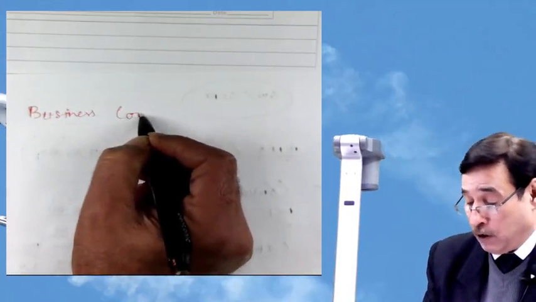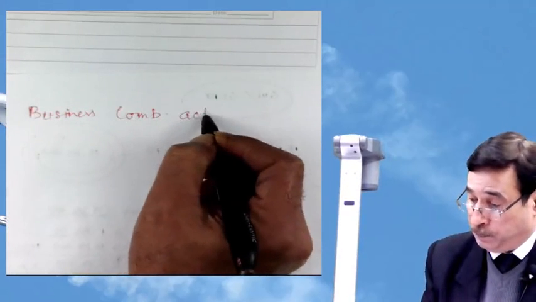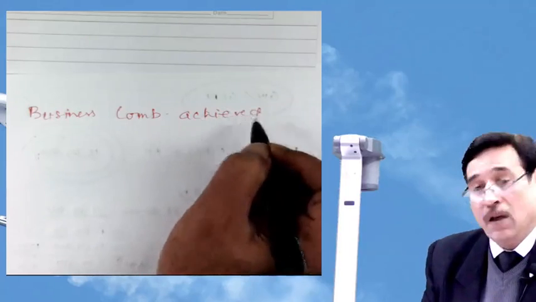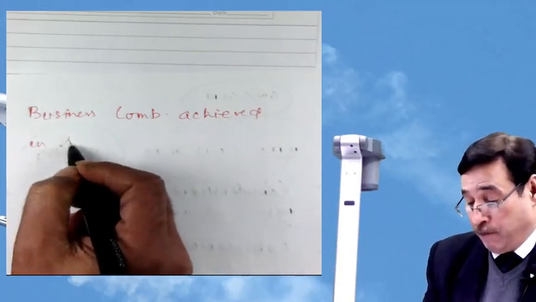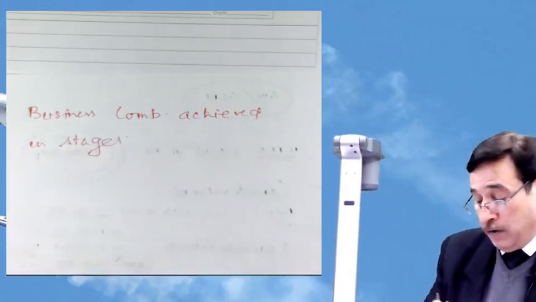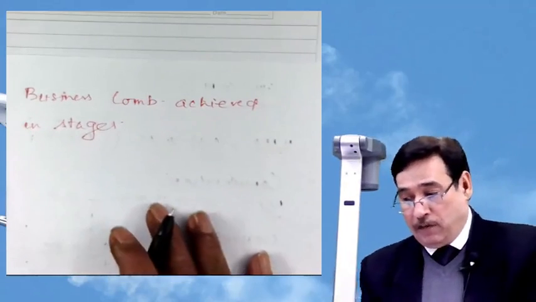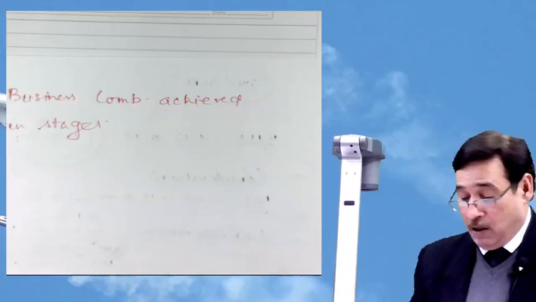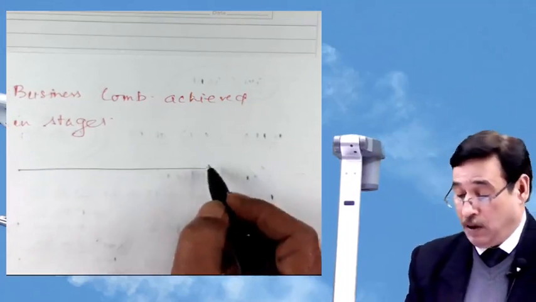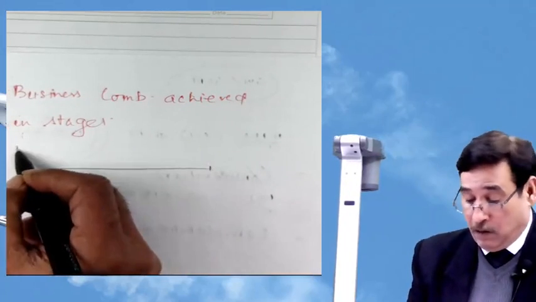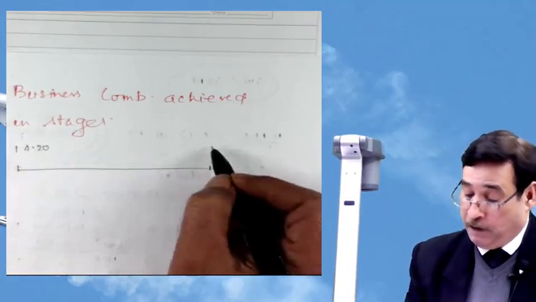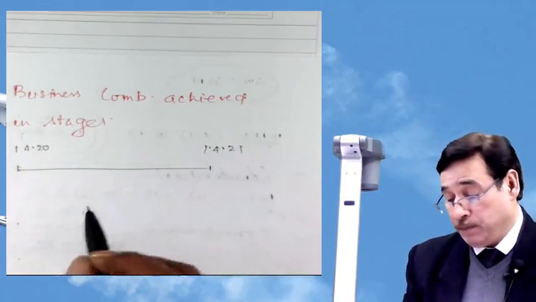Business combination achieved in stages. What does it mean? Suppose 1/4/2020, 1/4/2021.